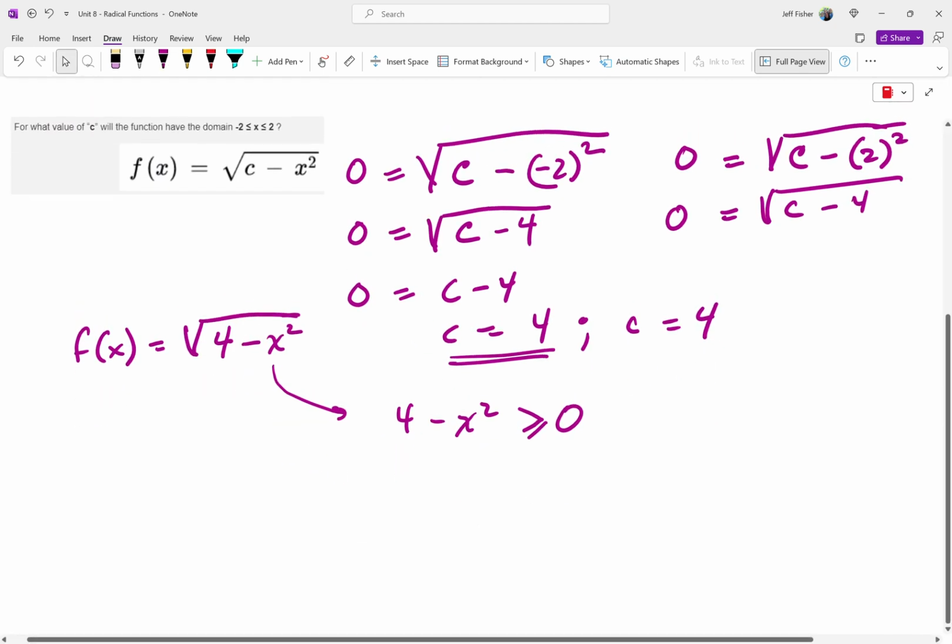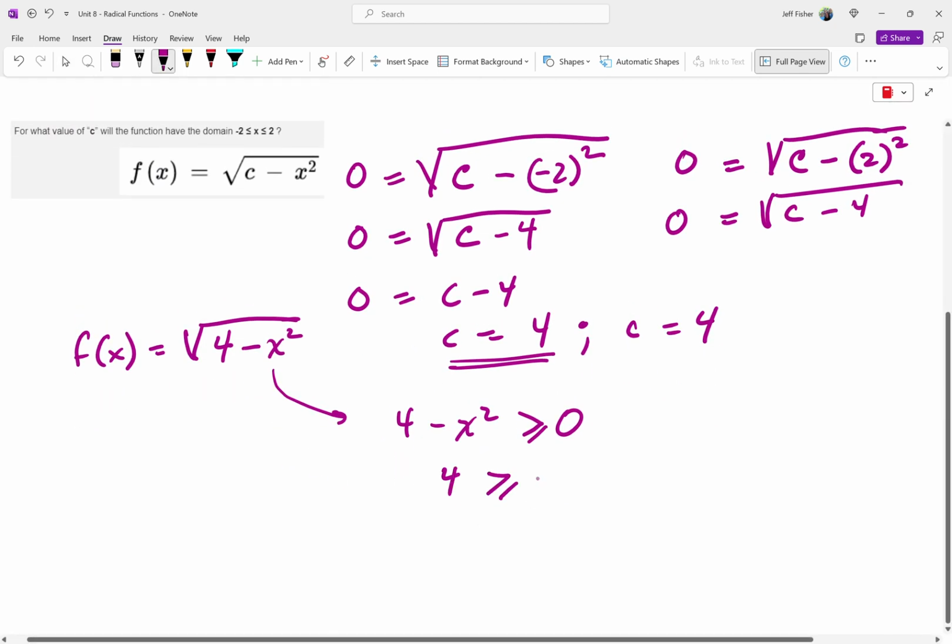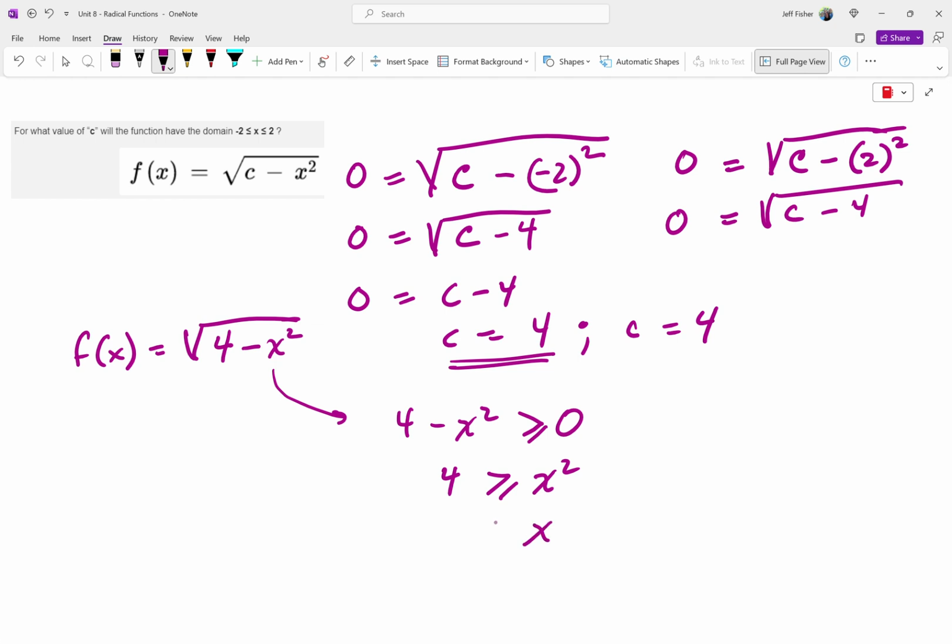All right, well, if that's the case, then 4 has to be greater than or equal to x squared. That means x has to be less than or equal to 2. Or, of course, you know that means it's going to have to be greater than or equal to -2 as well, because both -2 and +2 will multiply together to get 4. All right, so we do check out.